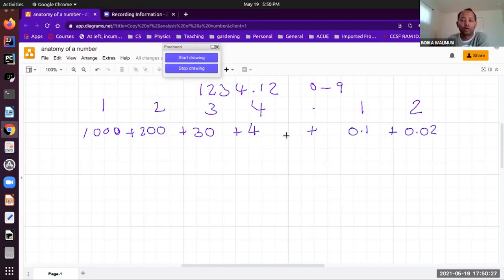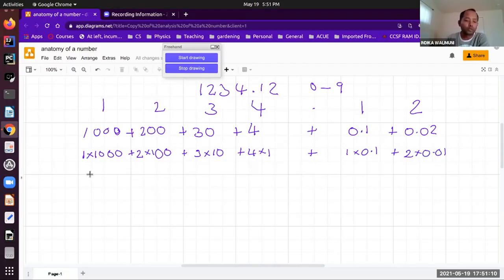If you sum up these numbers, you will get the same number. We can further write these as 1 times 1000 plus 2 times 100 plus 3 times 10 plus 4 times 1 plus 1 times 0.1 plus 2 times 0.01.